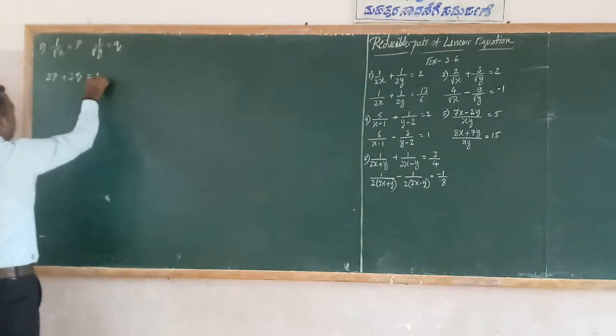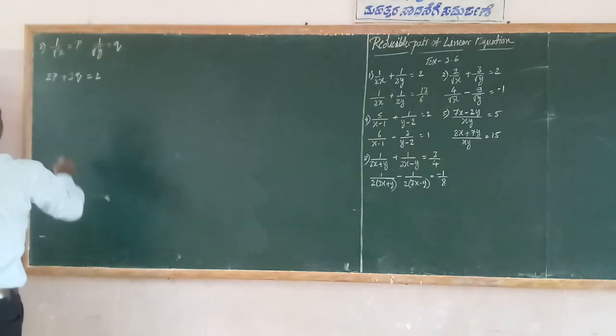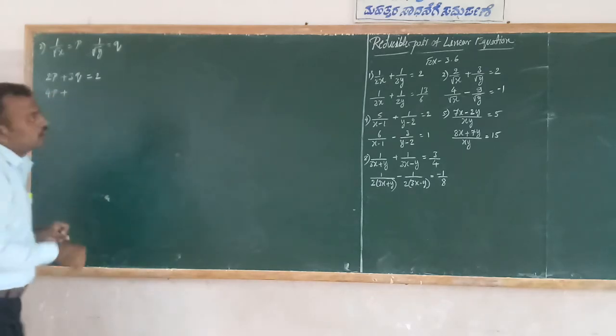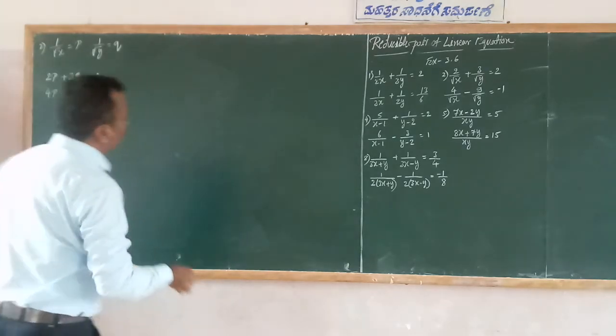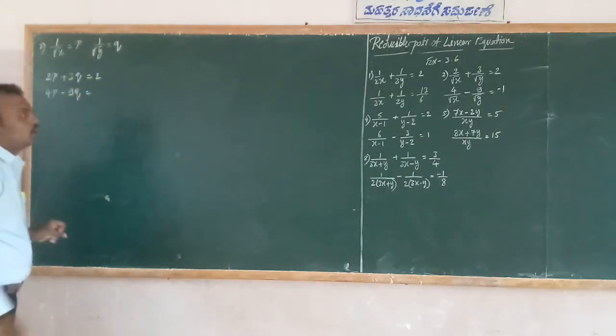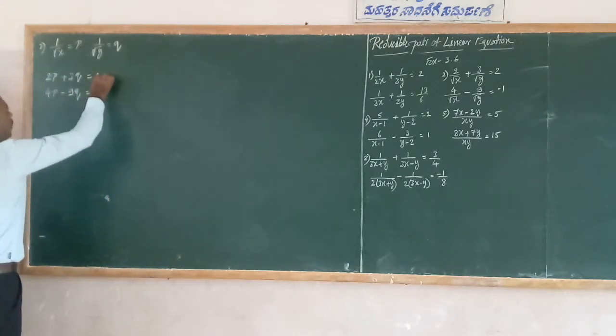Okay, next one, 4 upon root x, so 4p, plus, sorry, minus 9 upon root y, so minus 9 into q, it is equal to minus 1. Okay, see, so directly we have to solve it.